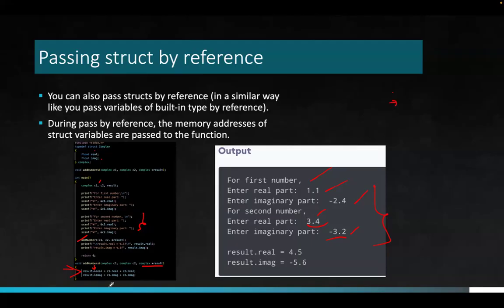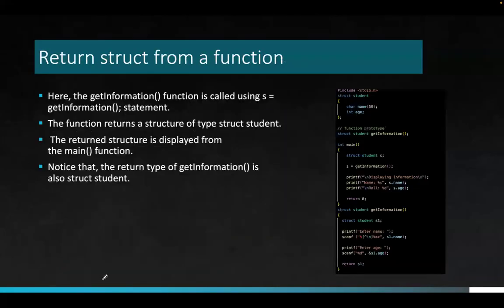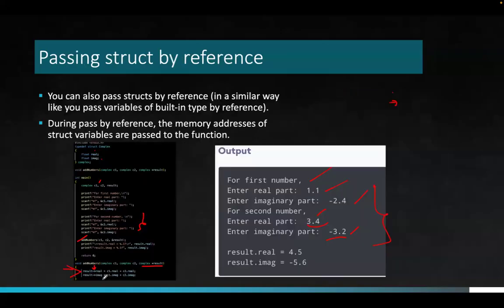Okay. To show the difference, I have used the arrow operator here. We can use the same result.real also here. Instead of the arrow, we can use dot also. But to show the difference, I have used it here. We should be familiar with it, right? We should make use of this operator as well.